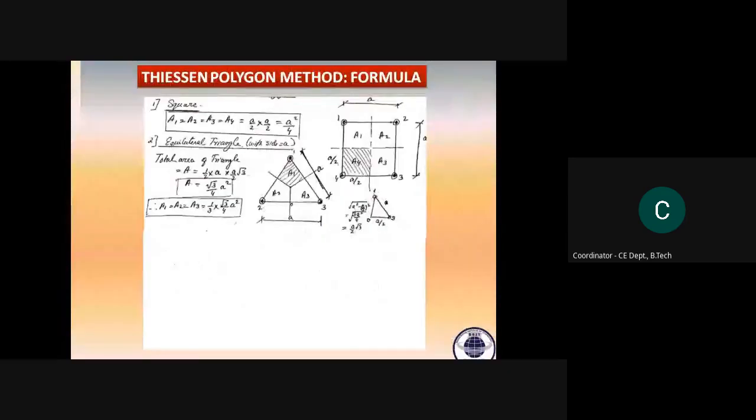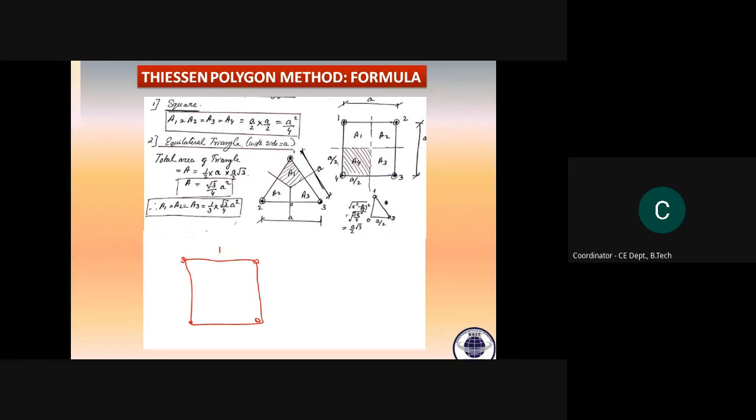First step: suppose this is point 1, this is point 2, this is point 3. Sometimes they will give you only the coordinates, not even the distance. So now we have identified the rain gauge stations. Now we will join them by straight lines. Then we have to draw the perpendicular bisector of each line.